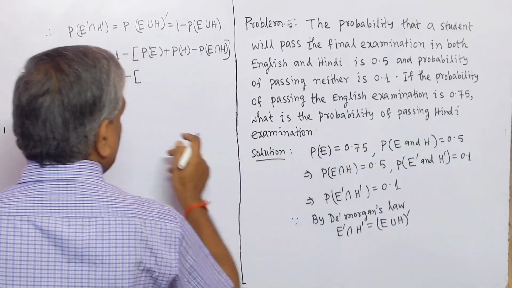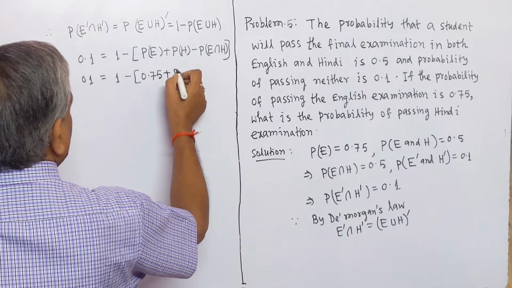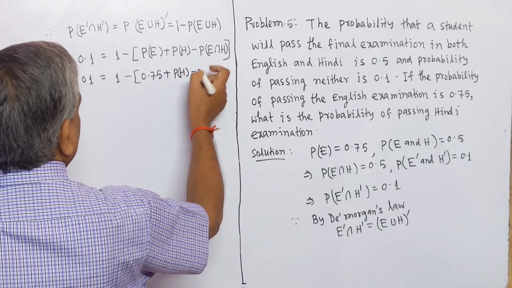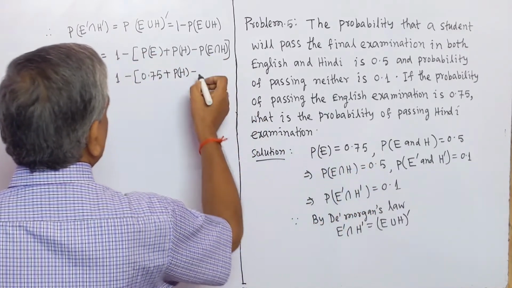Implies that 0.1 equals 1 minus, where P(E) is 0.75 plus P(H) minus P(E intersect H), which is 0.5.